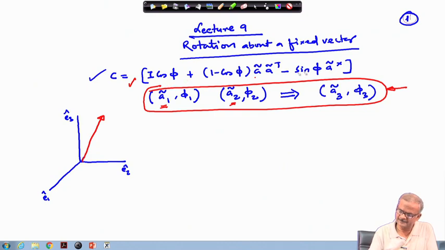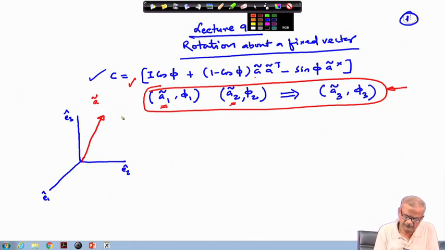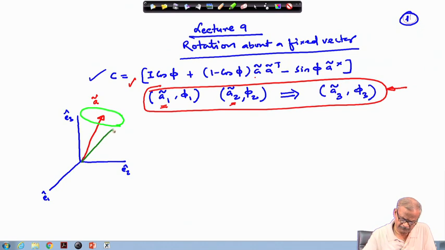Today, I am going to verify that this expression is indeed an equation for rotation about a fixed vector A tilde. So, let us say this vector A tilde is here, and the rotation about this vector is given by this, so this is your r vector, which is being rotated about this A tilde vector.